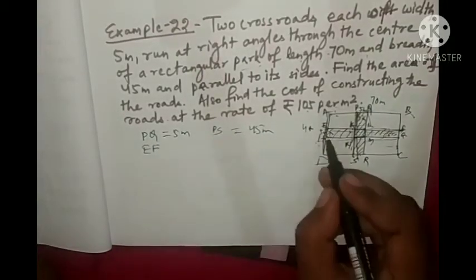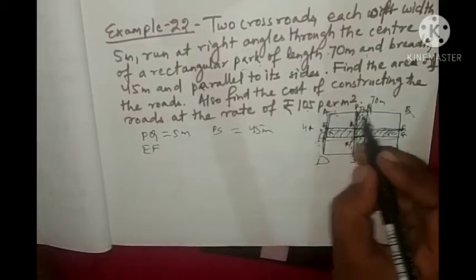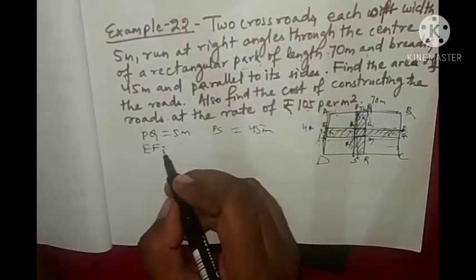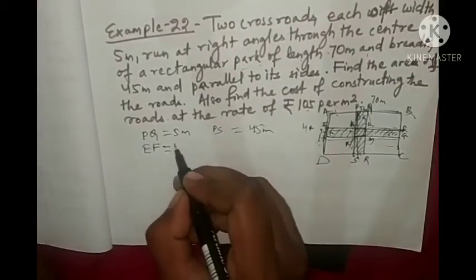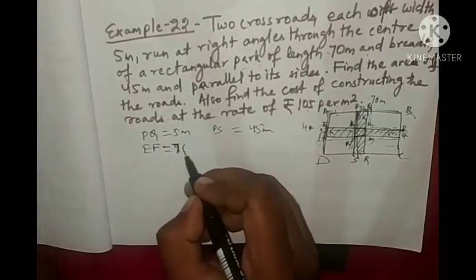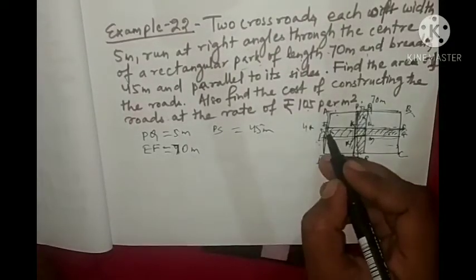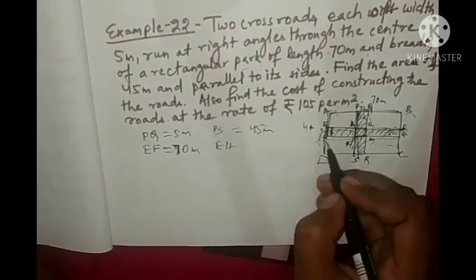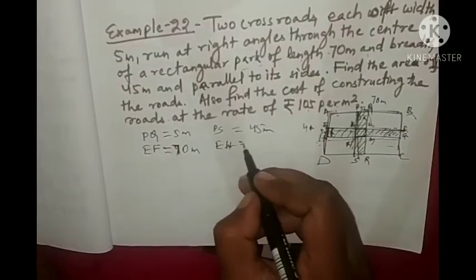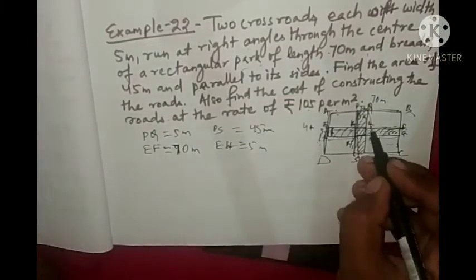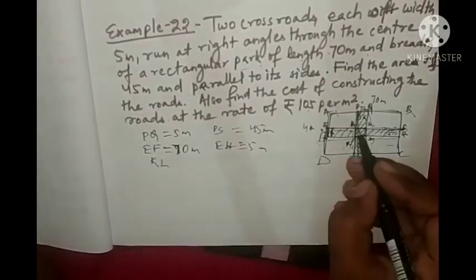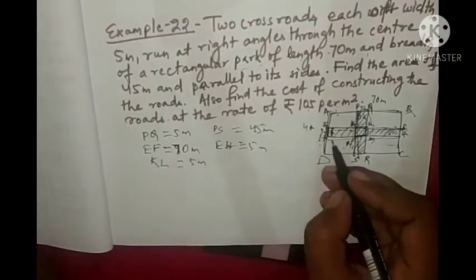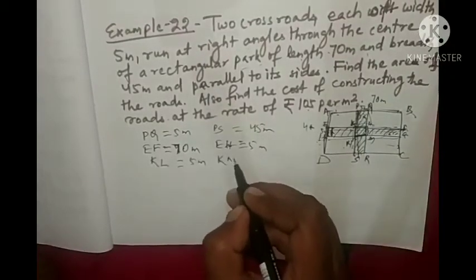EF is the length of the park, so EF is 70 meter. And EH is 5 meter, from this to this. Next, KLMN. This is a square, so one side KL equals 5 meter and KN equals 5 meter.